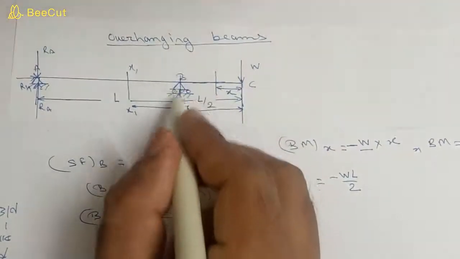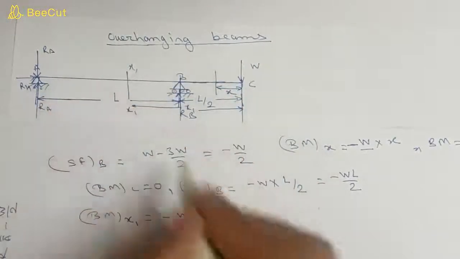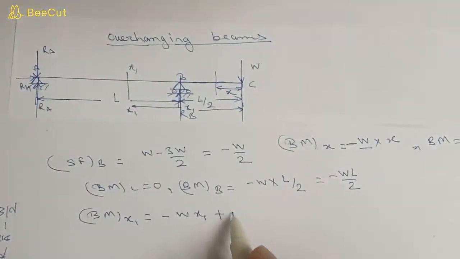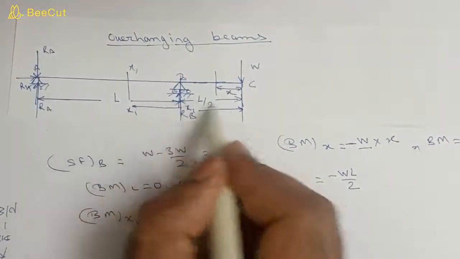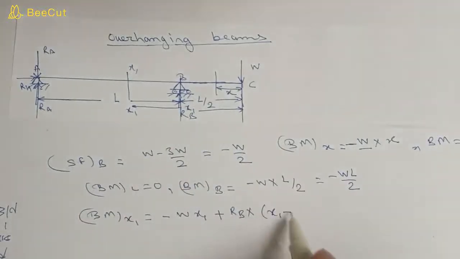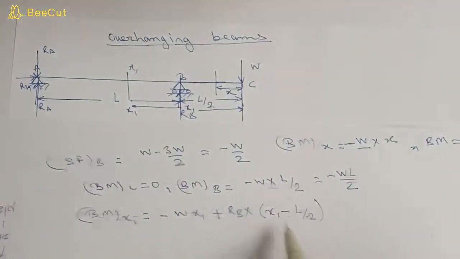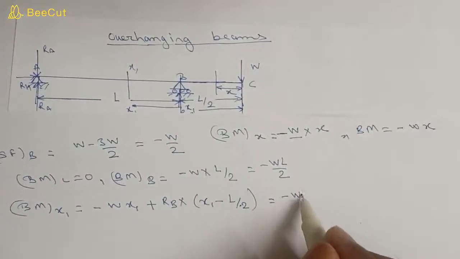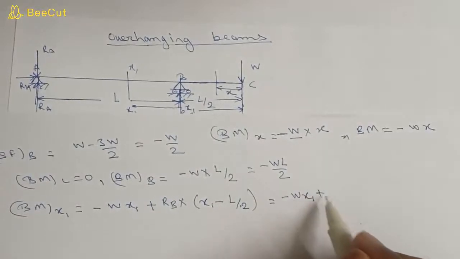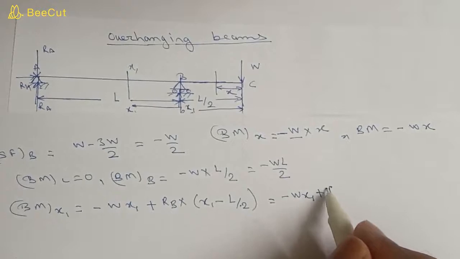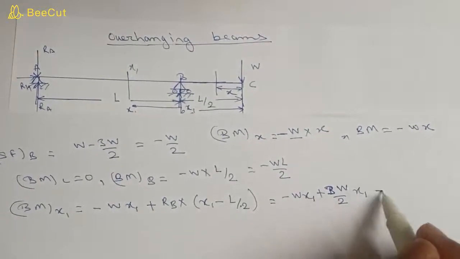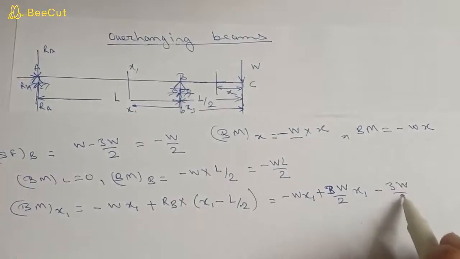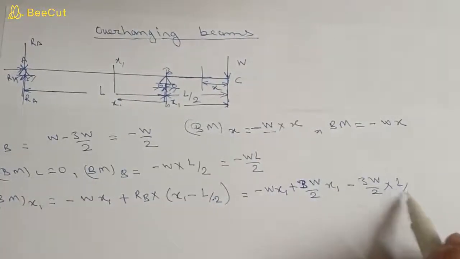This is an upward force and it will cause sagging moment, so it will be positive, plus RB into the distance x1 minus L by 2. So it is minus Wx1 plus RB, which is 3W by 2, into x1 minus L by 2, that is 3W by 2 into L by 2.